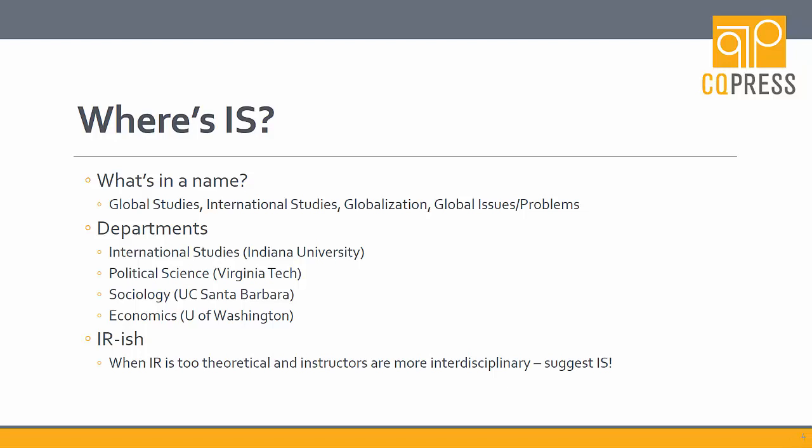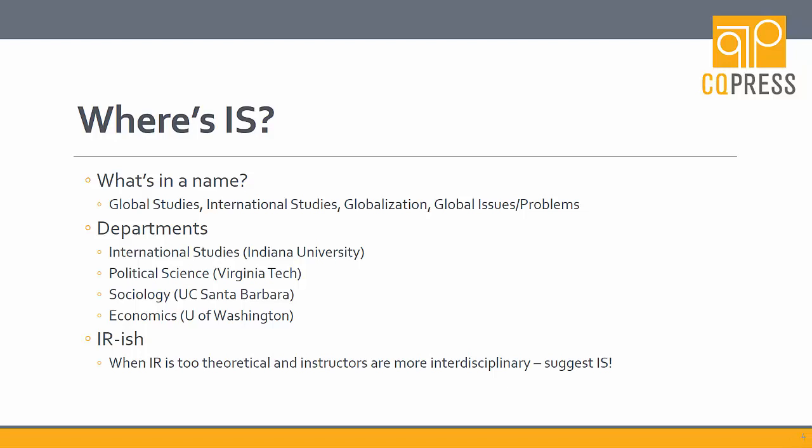However, it could also be found in one of your more internationally focused departments, such as an international studies, international affairs, or global studies full department. It could also be cross-listed, or a course that's more of a gen ed requirement and taught out of a more general social science department.